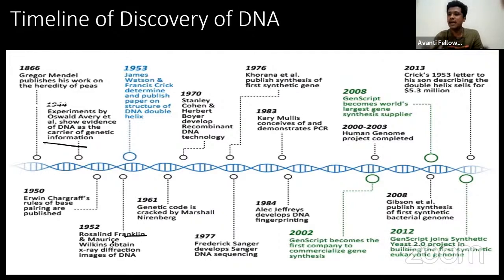Using these X-ray crystallography studies in 1953, Watson and Crick proposed a revolutionary double helix structure of DNA. Understanding the structure of DNA really opened up a different world, where we started understanding so many things about the characteristic features of DNA.